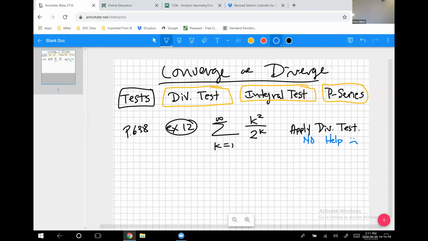So in this case, all they asked us to do was to apply the divergence test, which we did. But we can actually figure out if this converges or not. So Jack, did you have any specific reason to believe it converged, or was that your intuition?